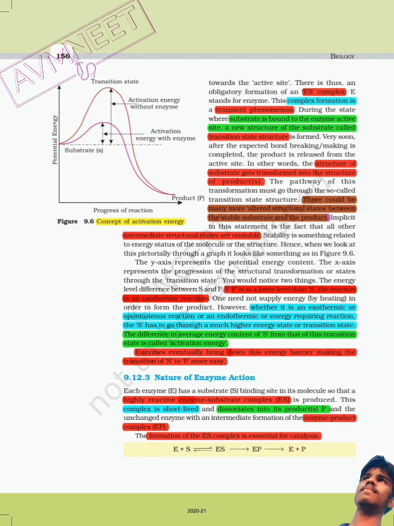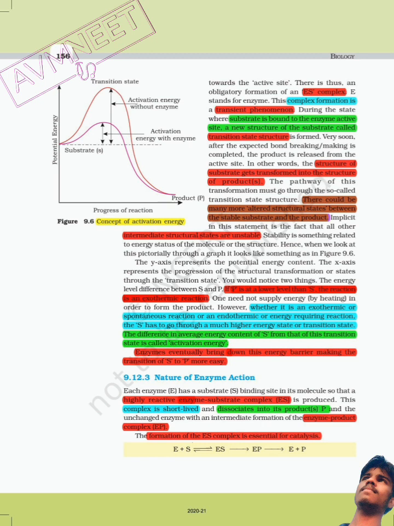You would notice two things. The energy level difference between substrate and product. If product is at a lower level than substrate, the reaction is an exothermic reaction. One did not supply energy in order to form the product.